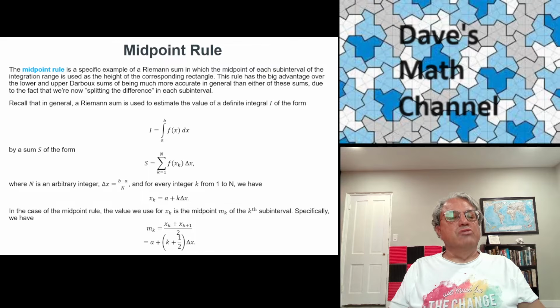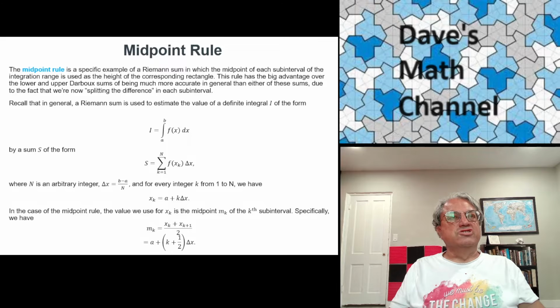And we can come up with a formula for those. M sub k is just x sub k plus x sub k plus 1 all over 2. It's just the average, or if you like, the mean of x sub k and x sub k plus 1, where we've divided our interval into capital N subintervals.